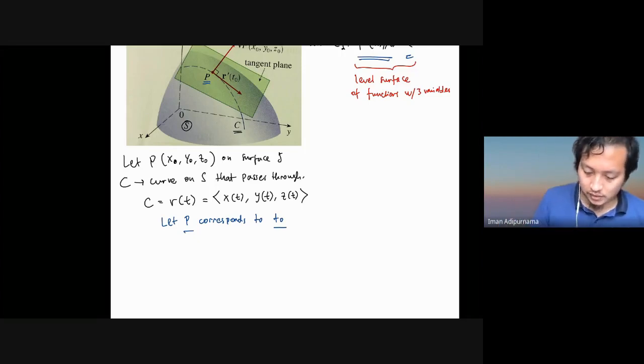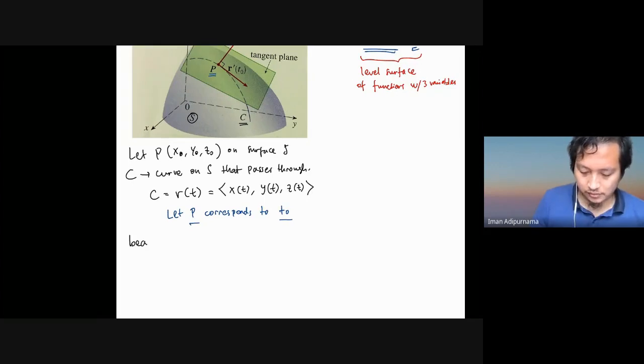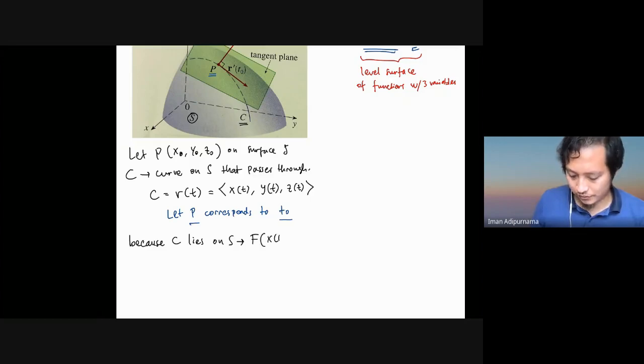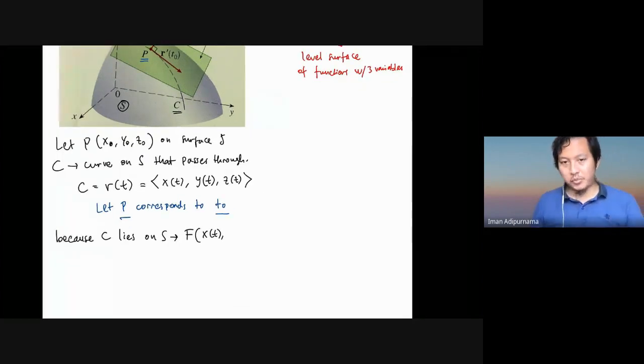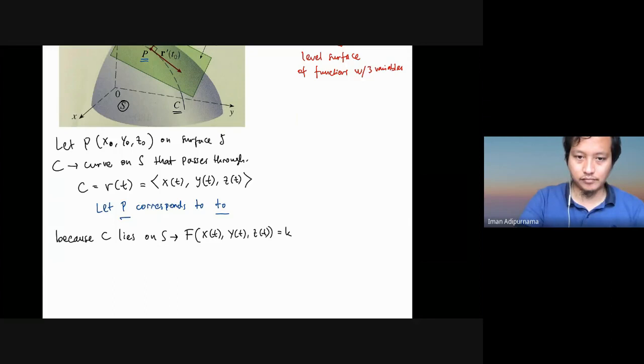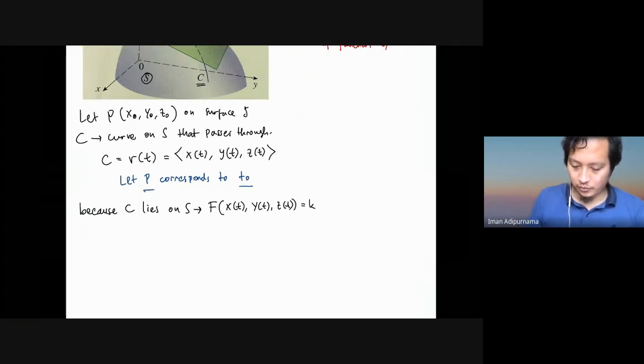Okay, now because C is on the surface, we can write, combining all together, F of x(t), y(t), z(t), with the parameter t, is equal to a constant k. And we differentiate with respect to t.